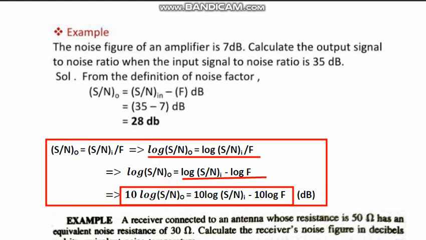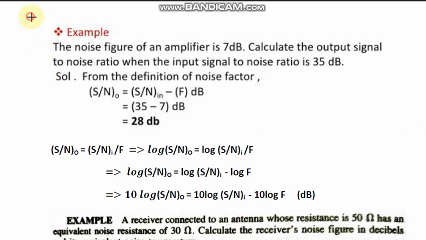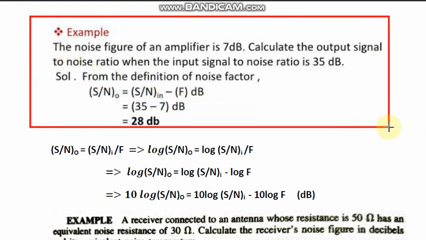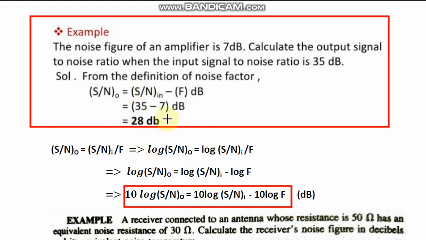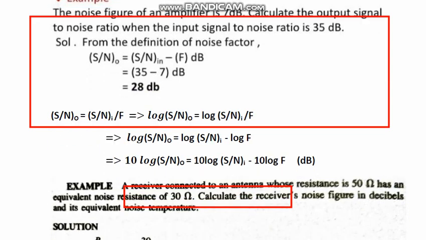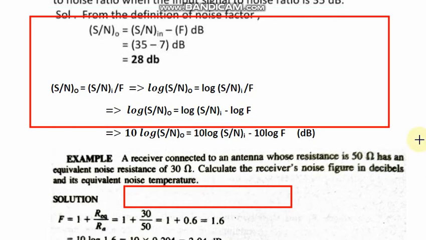Now you have to take this formula and use it for this mathematical example. The noise figure of an amplifier is 7 dB. Calculate the output signal to noise ratio when the input signal to noise ratio is 35 dB. You only have to put the values in this formula and calculate it. I assume that you will be interested to solve this numerical, and please solve it for betterment of your understanding.